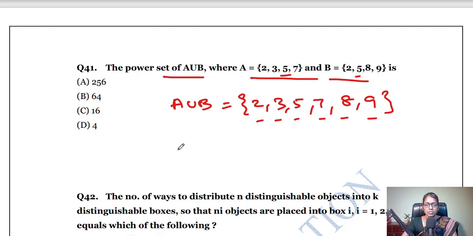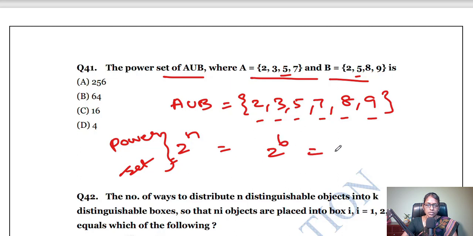The power set formula is 2 power n, so 2 power 6, equal to 2, 4, 8, 16, 32, 64, is the answer. So option B is the correct answer.